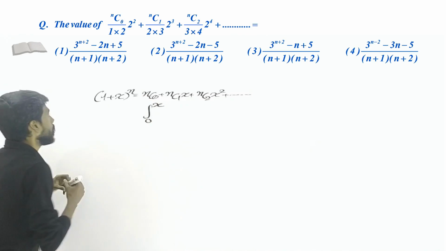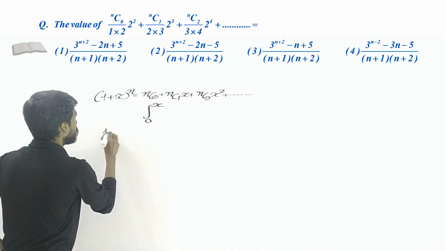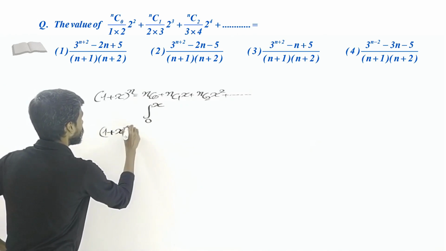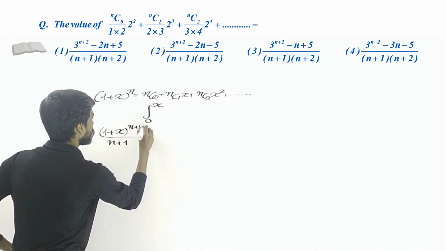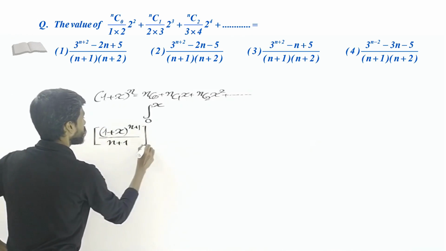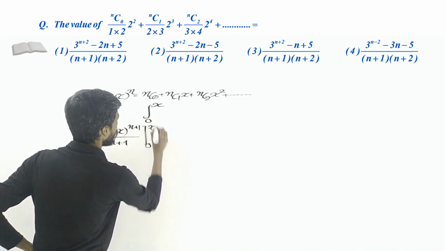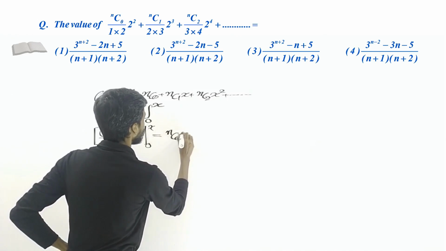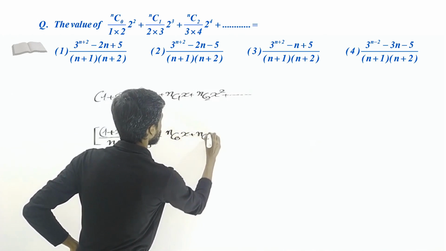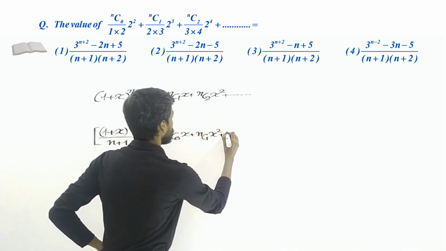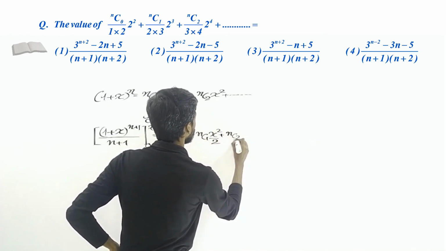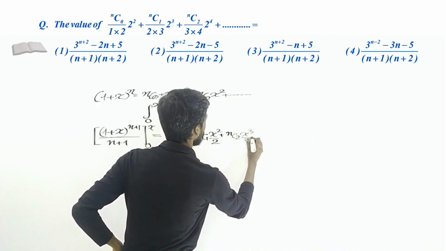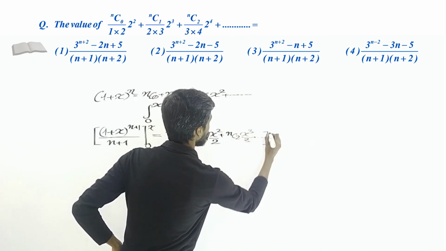So that means this integration is (1 plus x) to the power n plus 1 divided by n plus 1. Now this limit is from 0 to x. So this integration is nC0 x plus nC1 x square by 2 plus nC2 x cube divided by 3. Now the limit is from 0 to x.